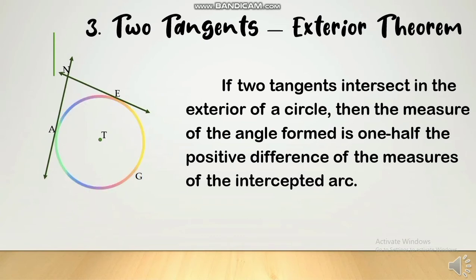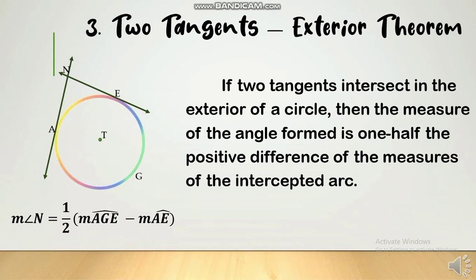In the figure, we have circle P with two tangents, line AN and line EN, wherein the two tangent lines intersect at point N. So the measure of angle N is equal to 1/2 times the difference between the measure of arc AGE and the measure of arc AE.